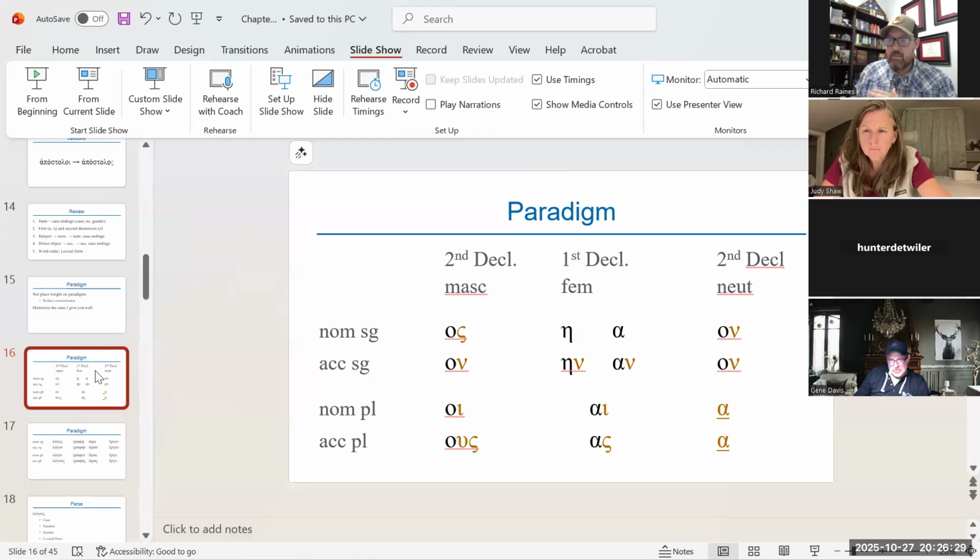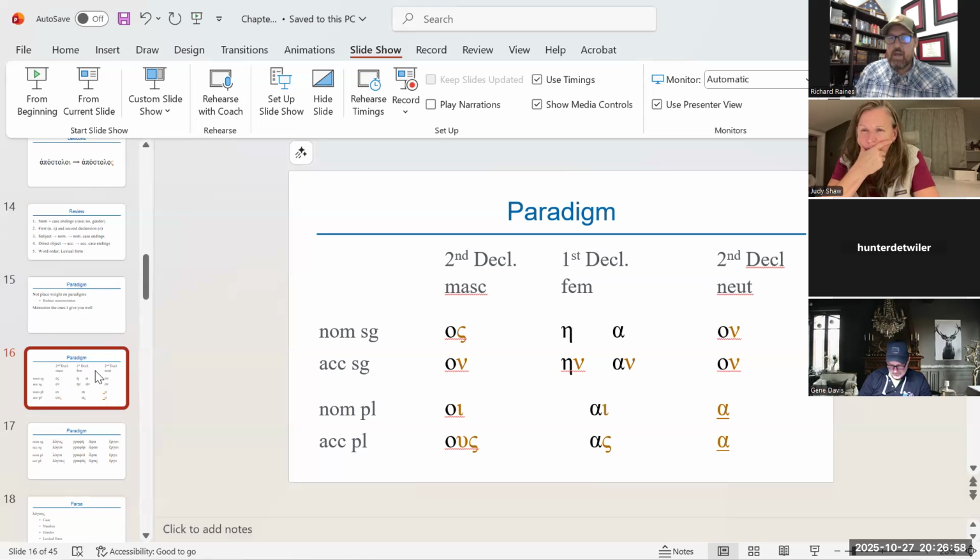Now let's look at feminine. The feminine word is going to end with either an eta or an alpha. And in addition to that eta or that alpha, you're just going to add a nu for the accusative, because the natural way that the feminine is presented is in the nominative.